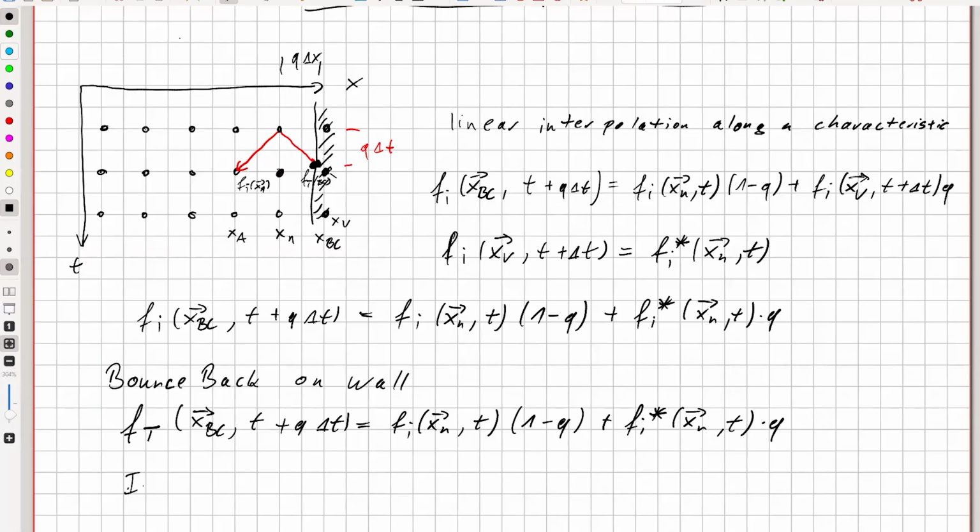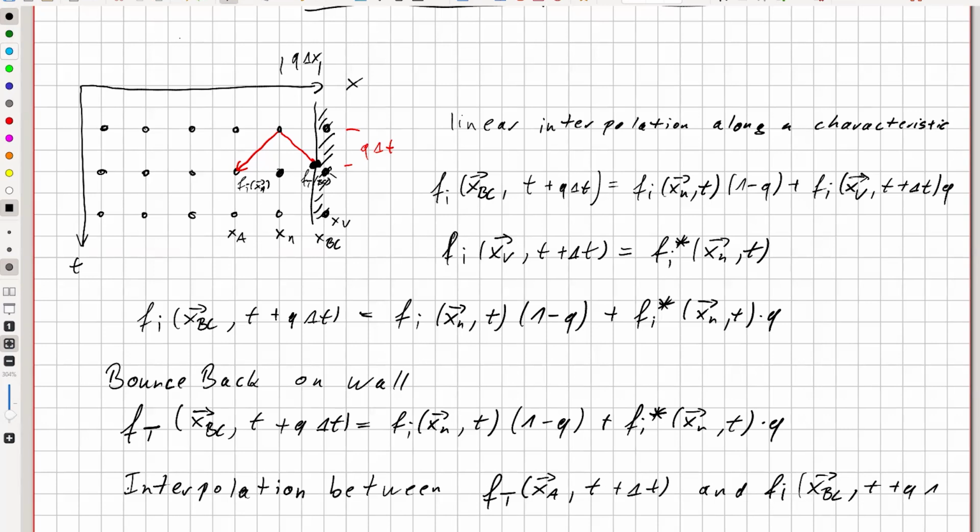So this means we do interpolation between Fi opposite at XA at t plus delta t and Fi pre-collision at xbc and t plus q delta t.